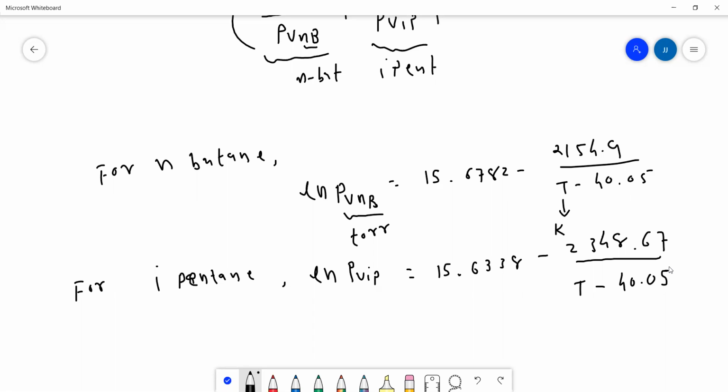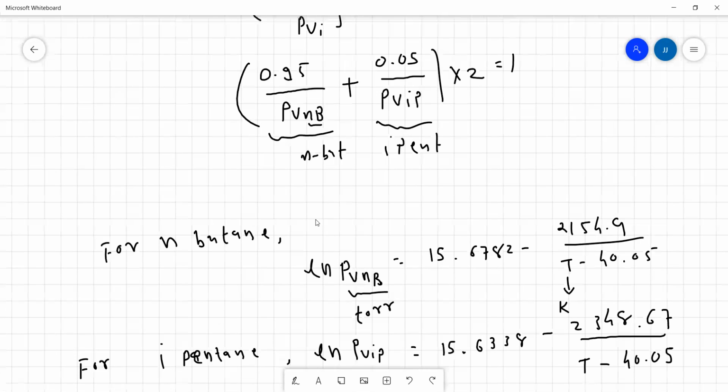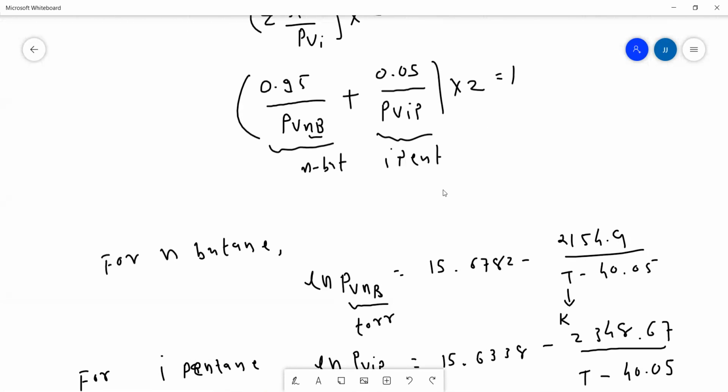You select the temperature in Kelvin and, in both the equations, determine the vapor pressure of N-butane, then determine the vapor pressure of isopentane. Then substitute here, and the left hand side should equal the right hand side.